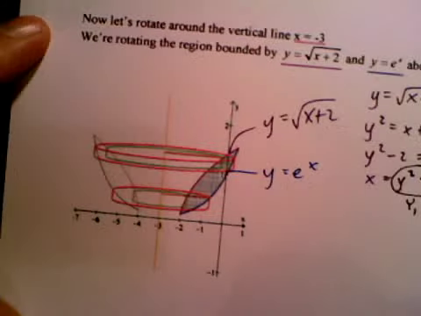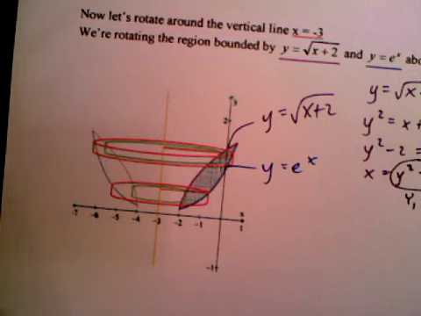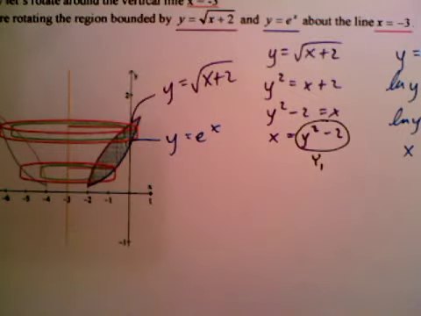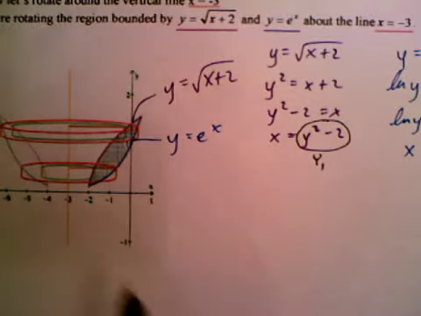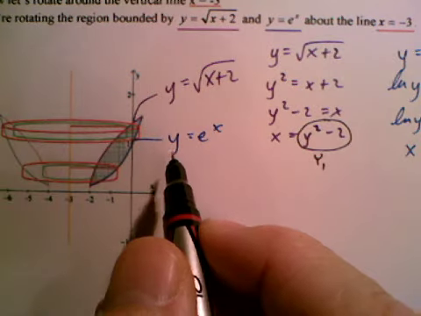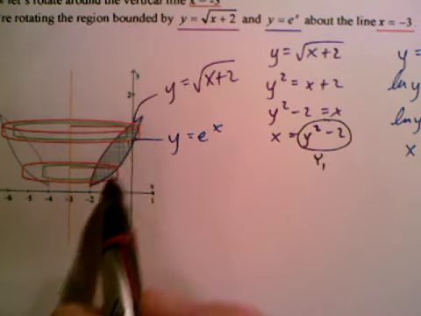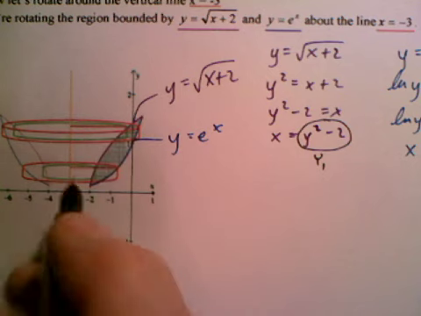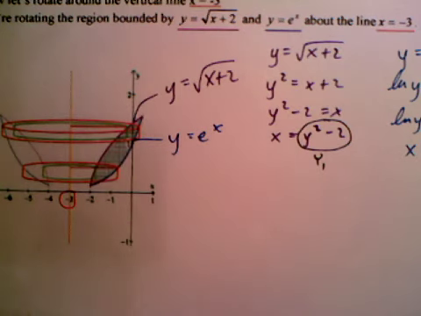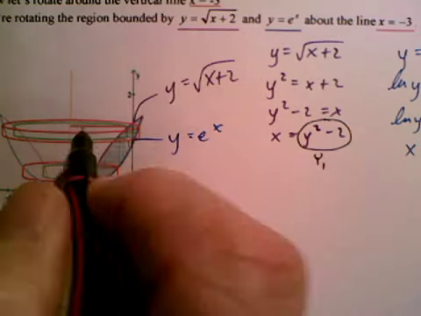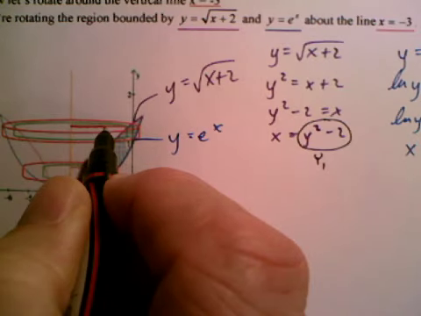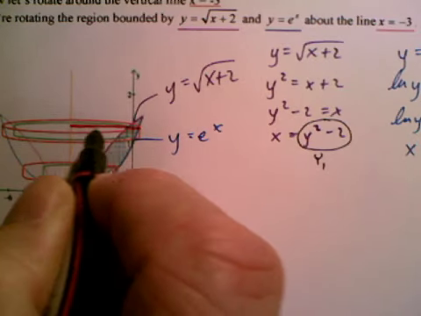So same deal. Volume red minus volume green to find the volume of the object. Now volume red, let's take a look. If we rotate this region around this vertical line here, x equals -3, then the big radius is this guy right here.